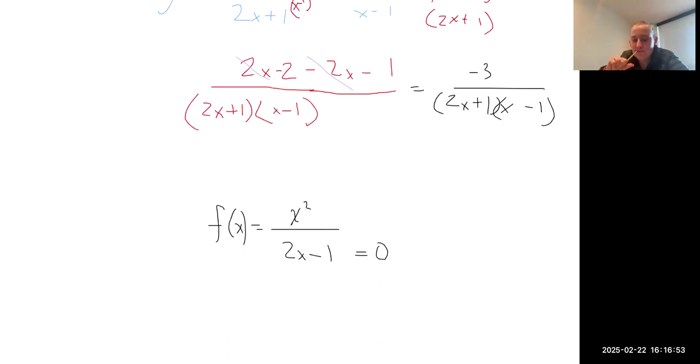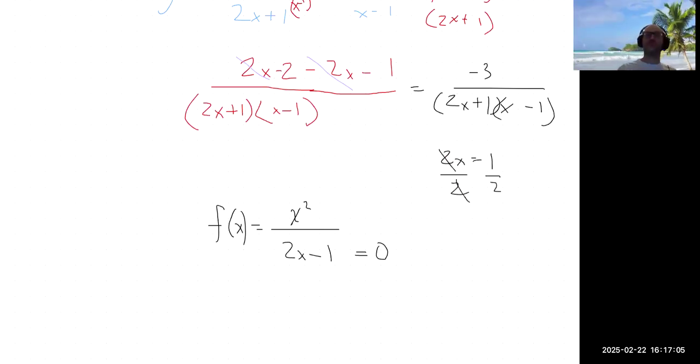Then we get 2x equals 1, and then we can divide by 2. So we get x equals 1/2. So when x equals 1/2, the denominator is 0.